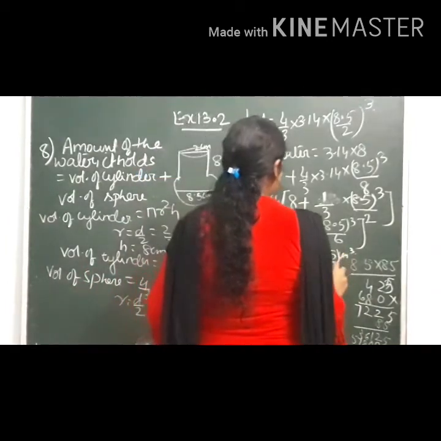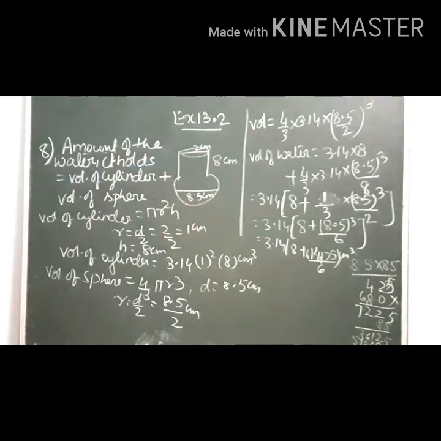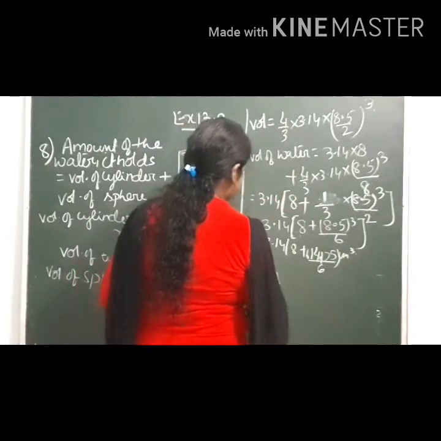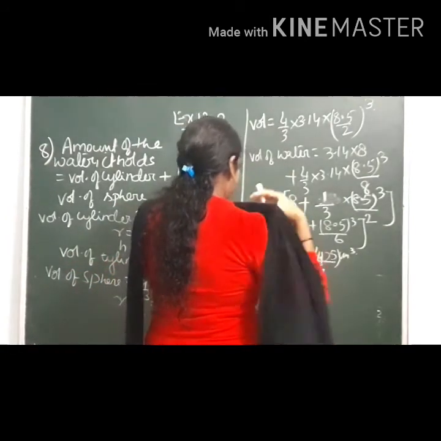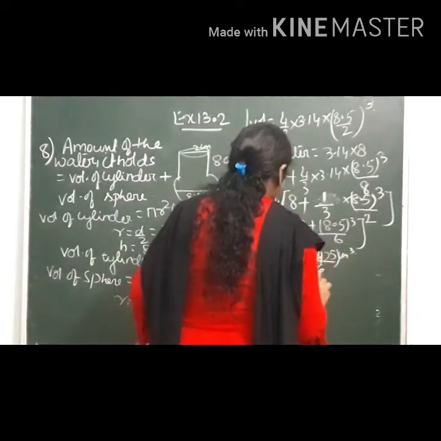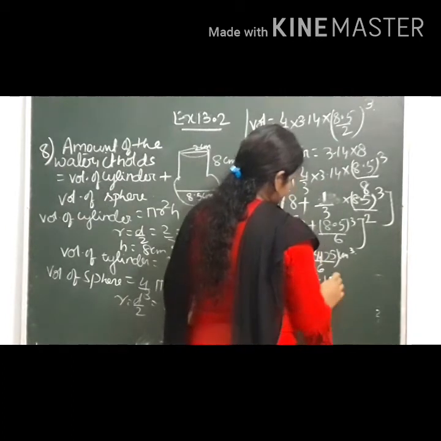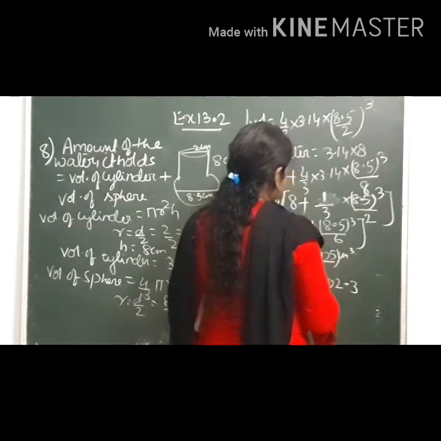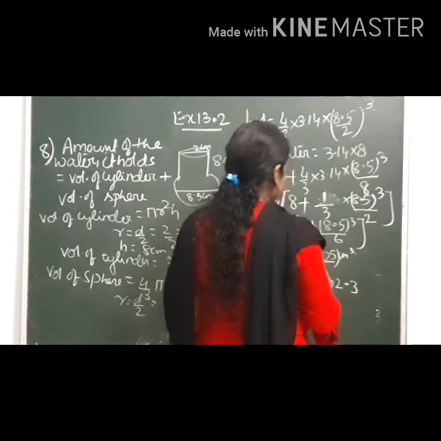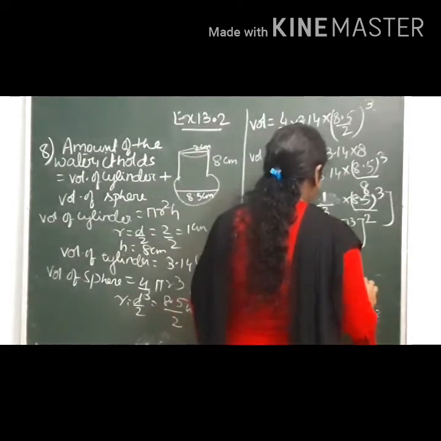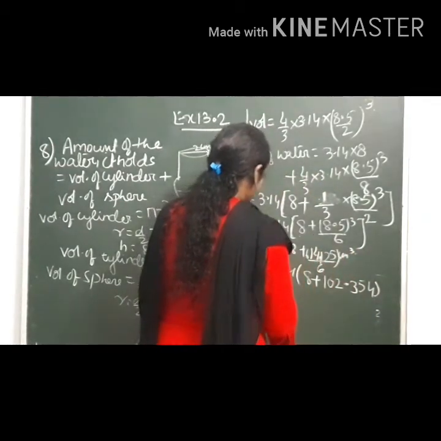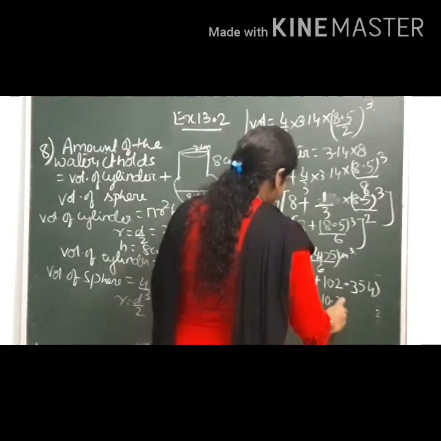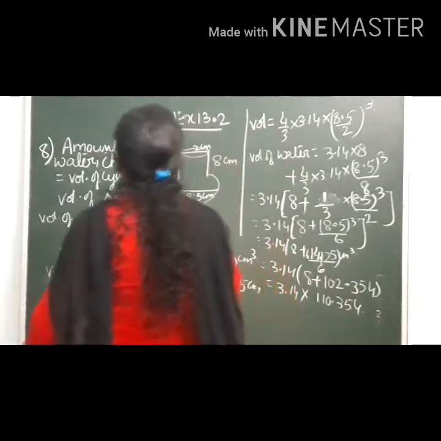So what is the next step? Next, we will get 3.14 into 8 plus 102.354, which gives 110.354.